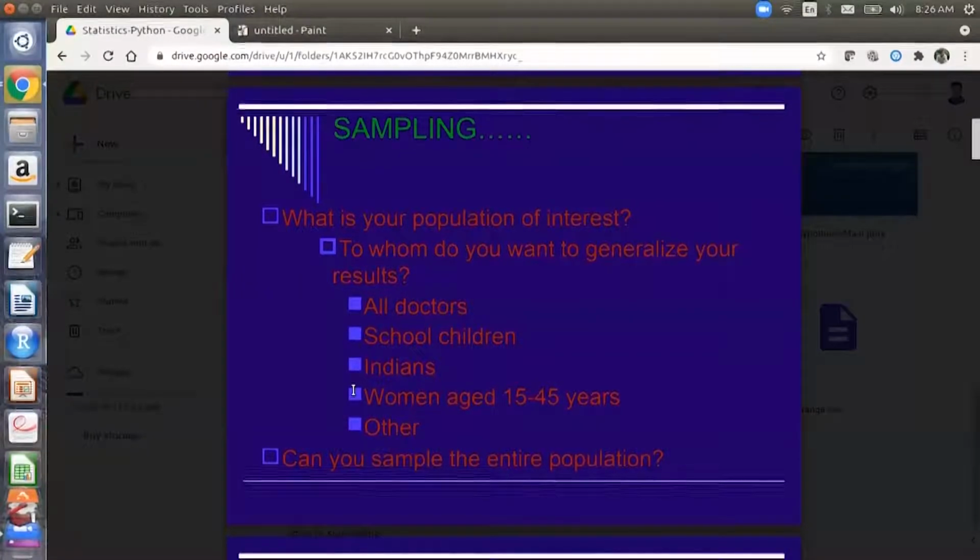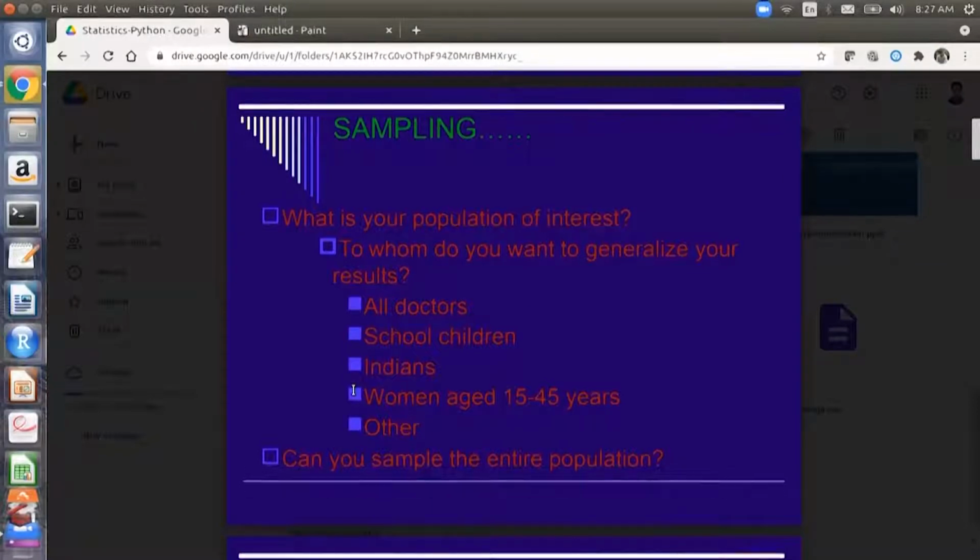So can you sample the entire population? Guys, tell me, can we do analysis of the whole population itself? And if yes, in what cases? What is your opinion? Yes, we can do the analysis on the whole population, but the effort might be more.